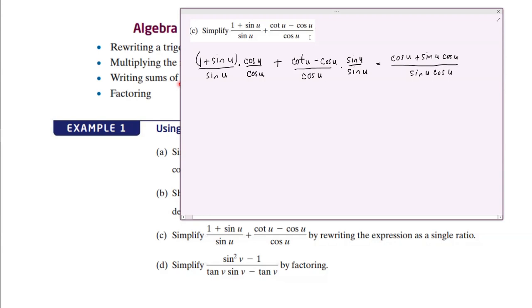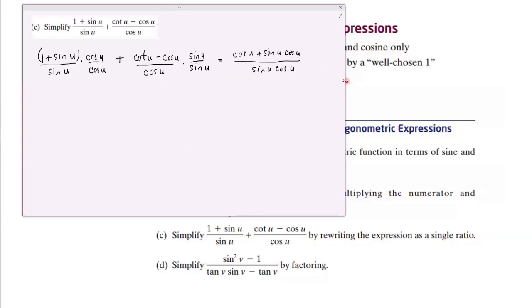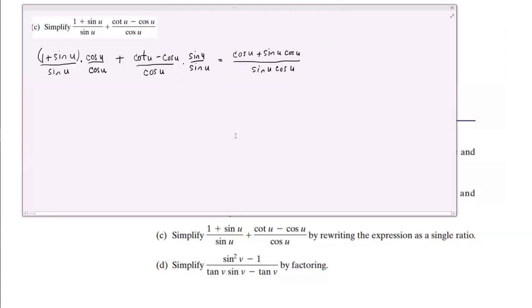Let me give myself some more room here if I can. Okay, so that's going to be another sine u, but it's going to be cotangent u times sine u, and minus sine u cosine u.